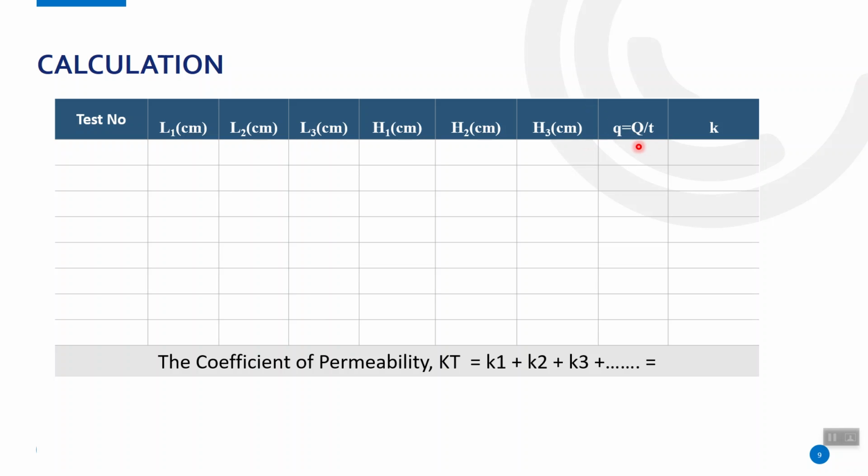And q equal to Q by T you can get from the time in the test. Using this data, you can get the coefficient of permeability from the equation that I explained in the previous slide. Based on the test number, you get the coefficient of permeability, and to get the average coefficient of permeability, you add all the test results and divide by the number of tests.